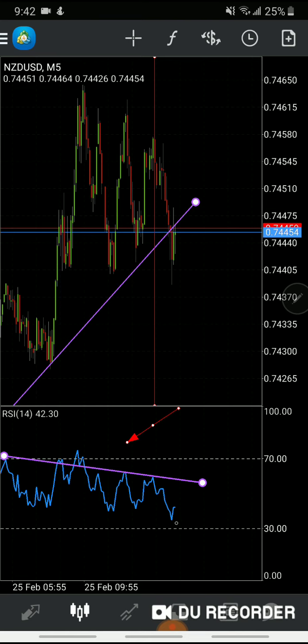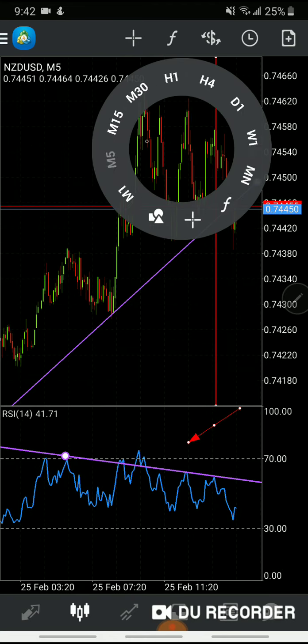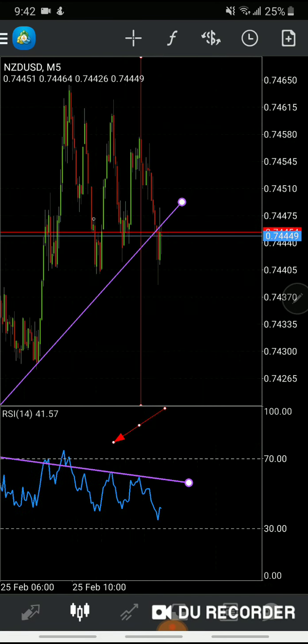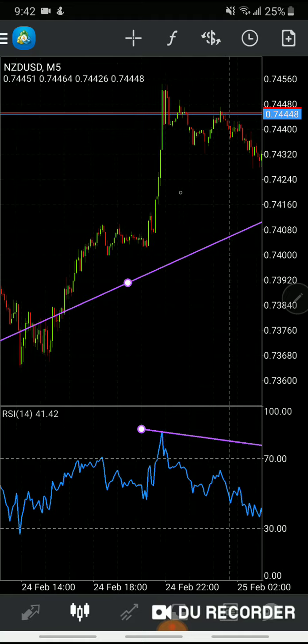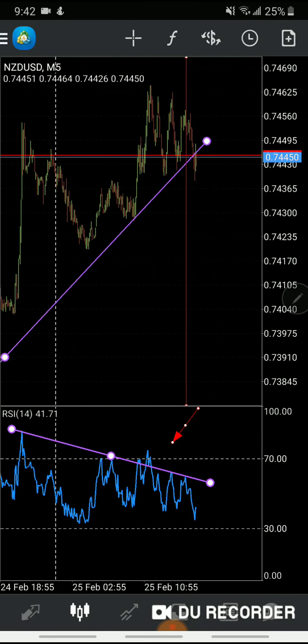So it went down and I made a quick profit, right? This is my quick scalping strategy used with divergence in the forex market, and it works well if the market's in a range as well.